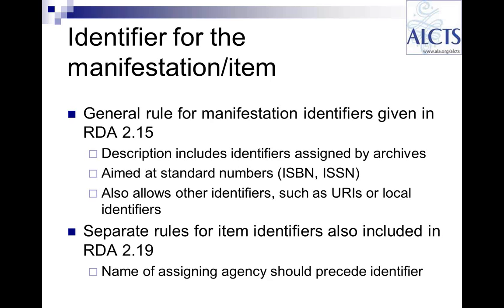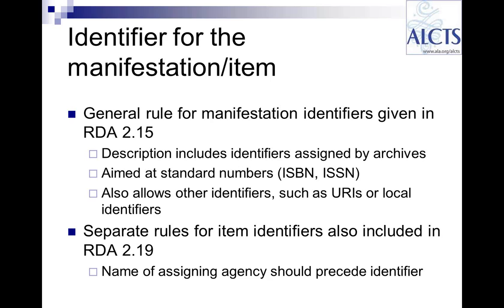The manifestation rules, the rules for recording manifestation identifiers are provided in RDA 2.15, but most of those are aimed at standard numbers such as ISBNs or ISSNs, where you have an identifier that could describe a wide range of material.